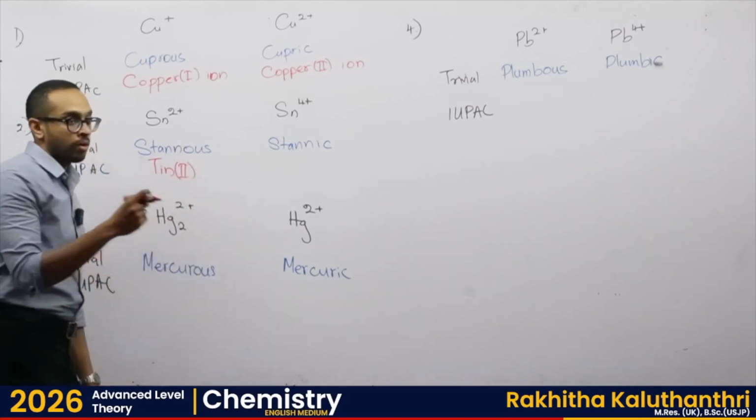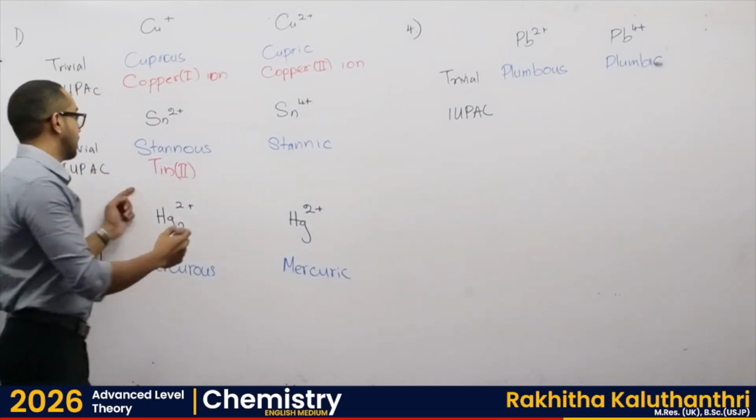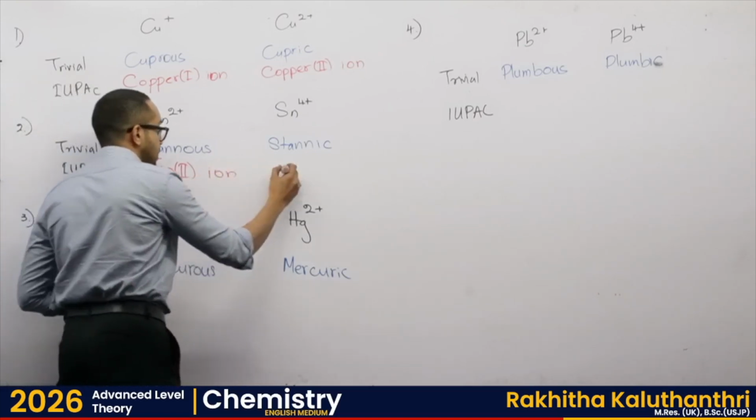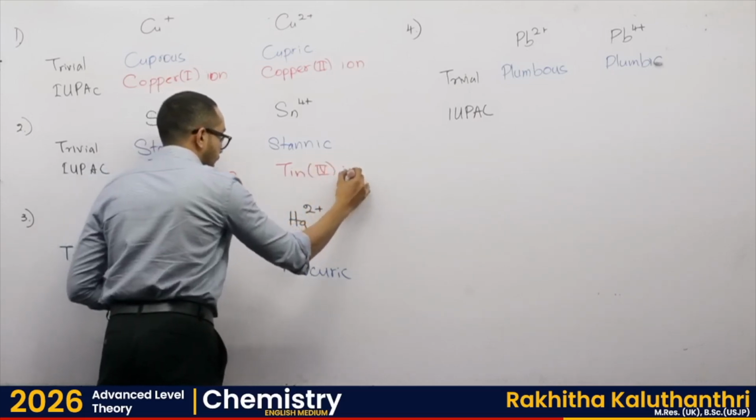Just like for Fe we call it iron, but its trivial names are ferrous and ferric. Just like that, this is tin(II) ion, and this one is tin(IV) ion.